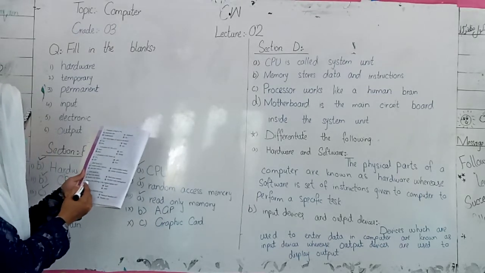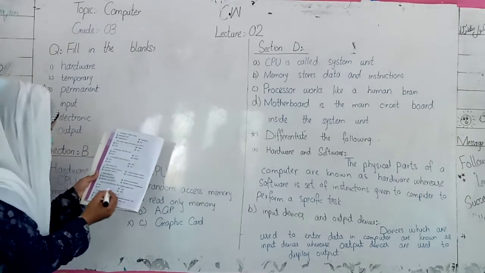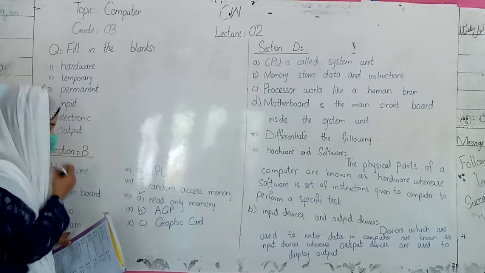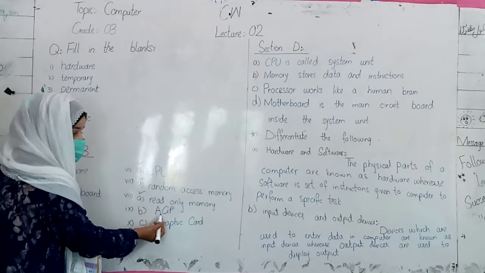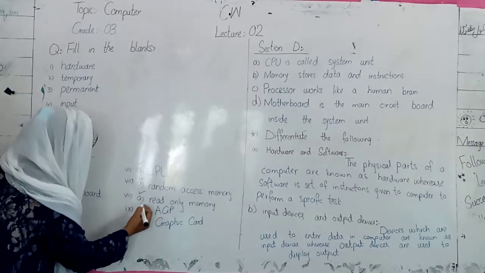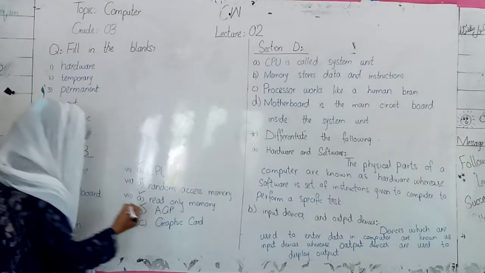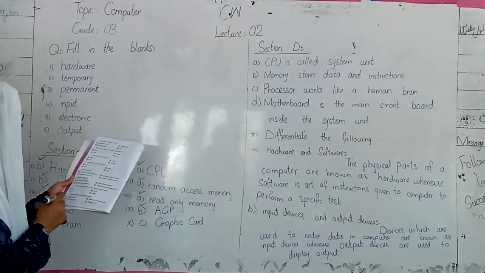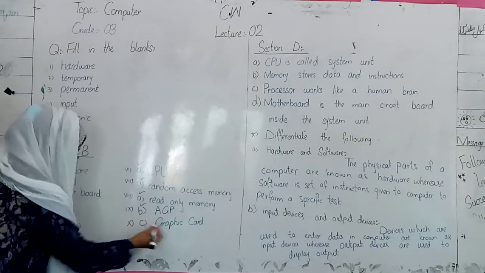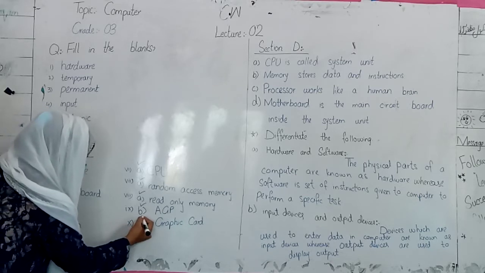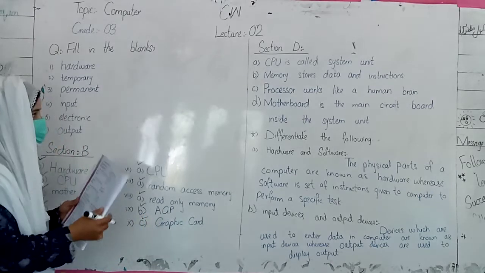Number 9: which of the following is the highest speed slot? We have read in our previous lecture that AGP is the highest speed slot. So here we have to take option B. And the last: a video game is played by using graphic card. Here we have to take option C.